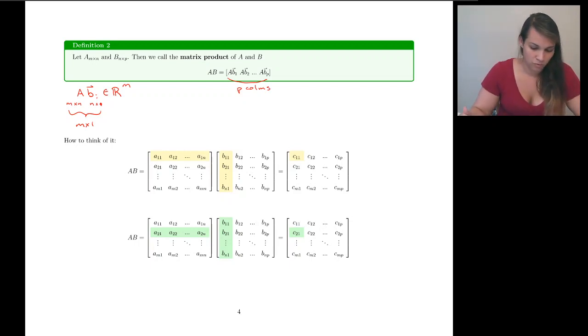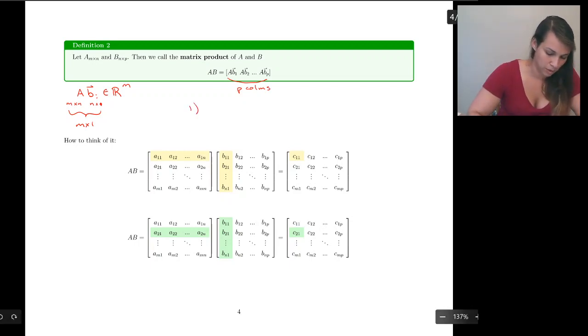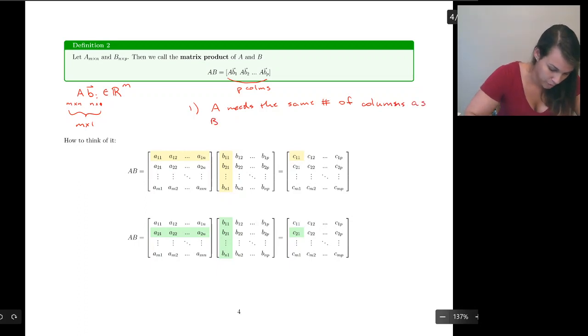So first off, number 1, notice A needs the same number of columns as B does rows.